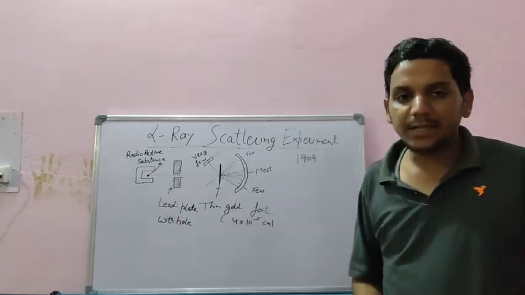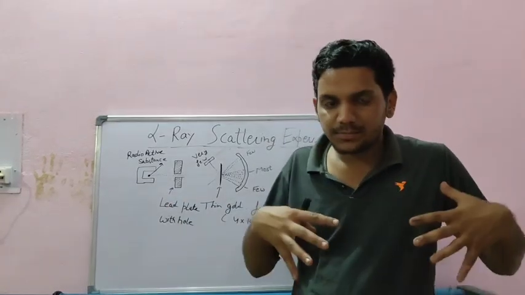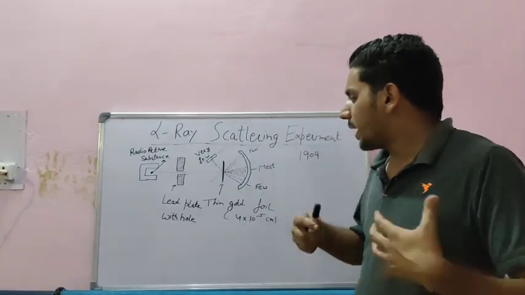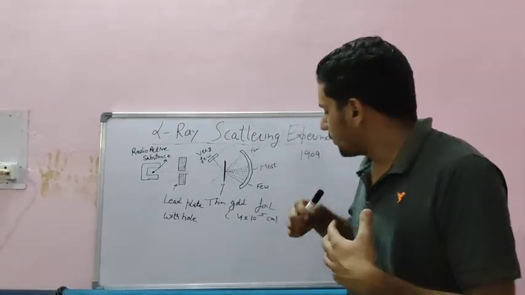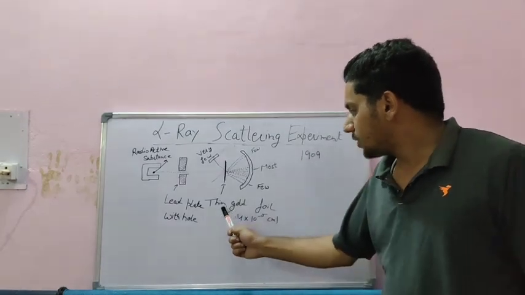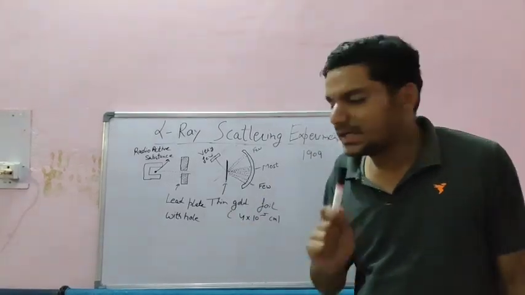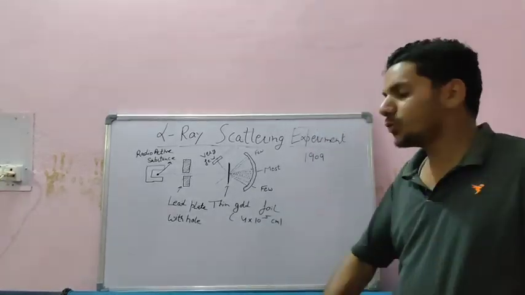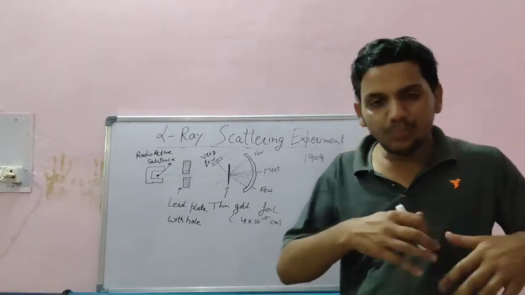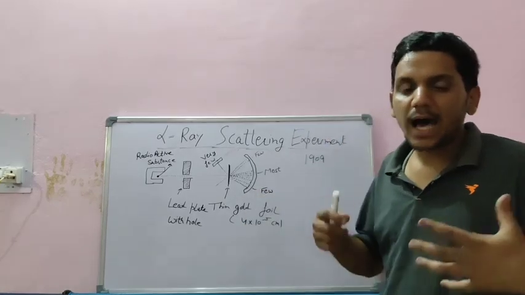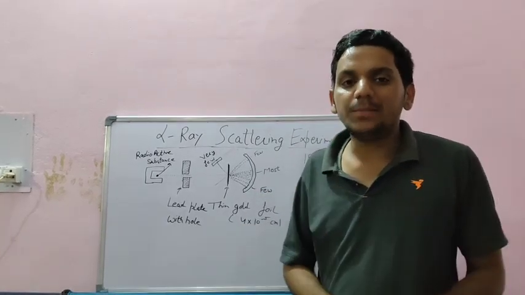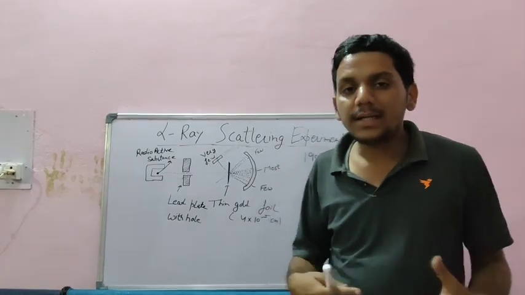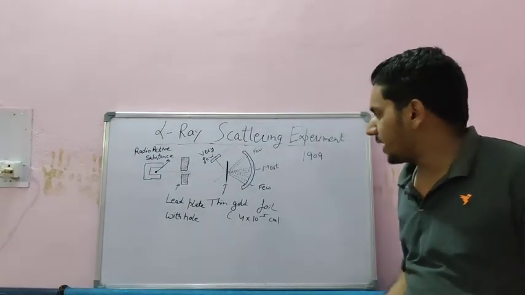The radioactive substance emits subatomic particles, and these subatomic particles hit a thin gold foil of thickness 4 × 10^-5 centimeter. After that, a movable screen coated with zinc sulfide is also there, to know how the particles are deflected.